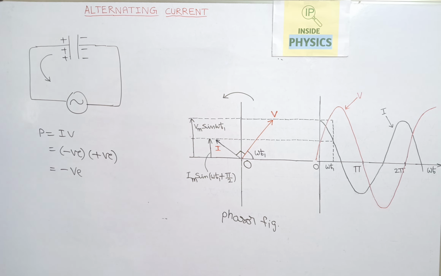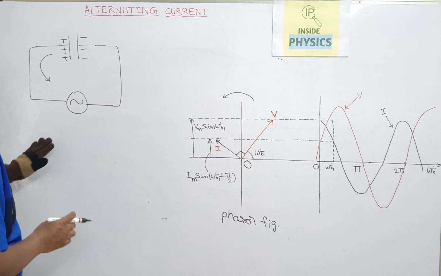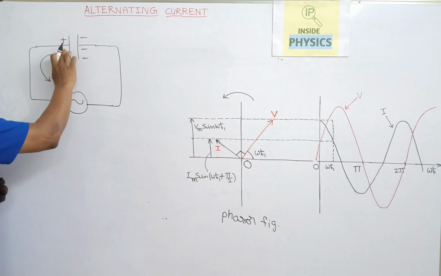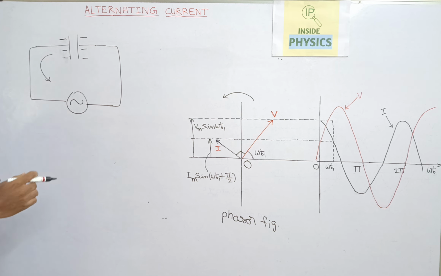Okay. So next, in the third case, the polarity of the plates is reversed. That means the current is on the negative side.